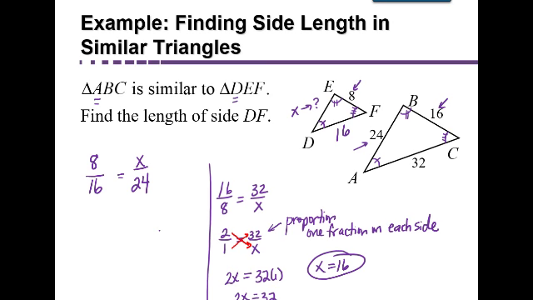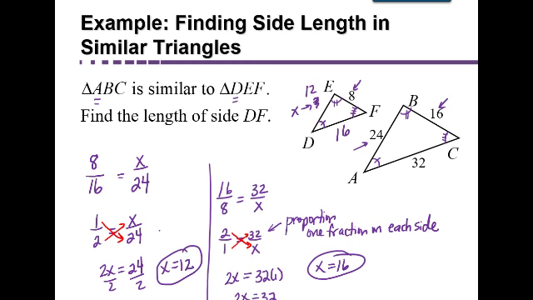If you want, you can reduce the left side to 1/2. Then we do our cross multiplication, and we have 2x equals 24. Divide both sides by 2, and we get x equals 12. So we come to the same conclusion that way. Now sometimes a triangle won't be a nice even multiple of the other ones, so setting up this proportion is really helpful because it's hard to do it in your head.